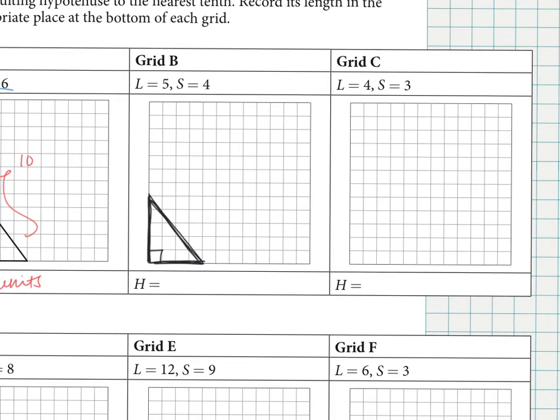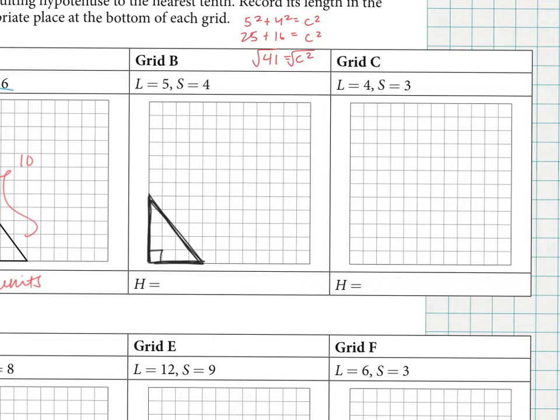So let's use the Pythagorean theorem, just like before, where we're going to have 5 squared plus 4 squared equals c squared. So we have 25 plus 16 equals c squared. When I add 25 and 16, what do I get? 41 equals c squared. So I want to take the square root of 41.